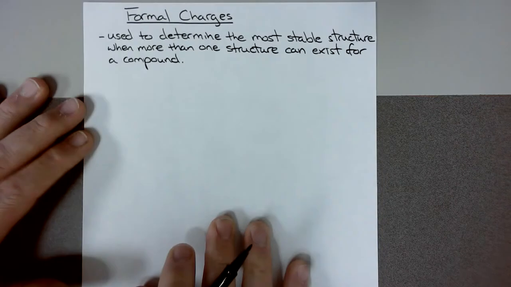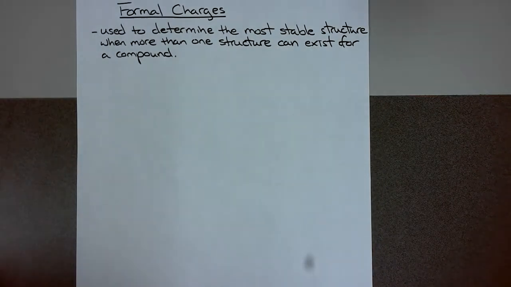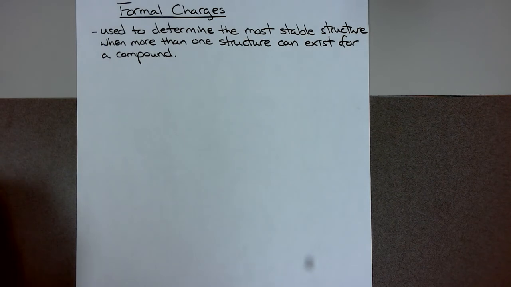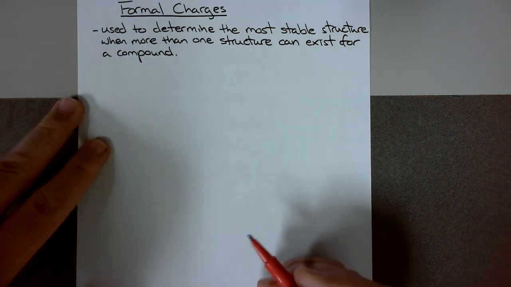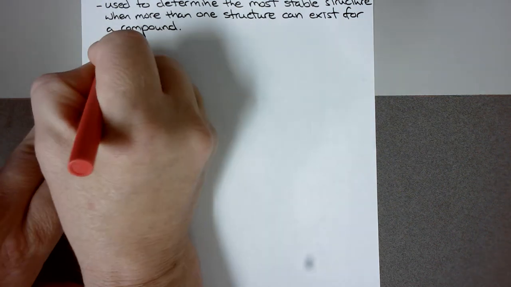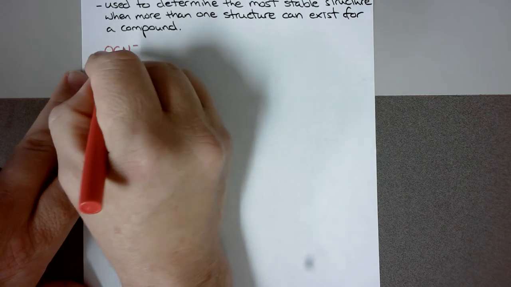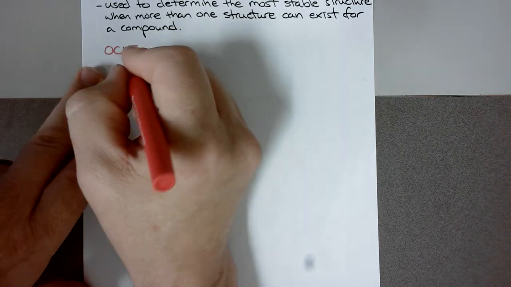Okay, so let's take a look at this. Let's look at OCN minus. So it's a polyatomic ion, and if we count our electrons, again we're going to go through the whole process here.